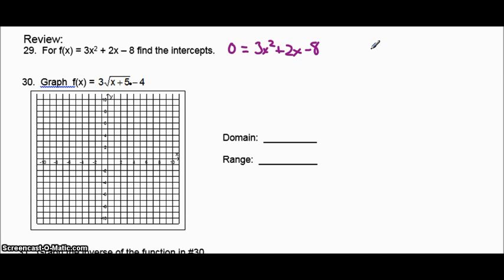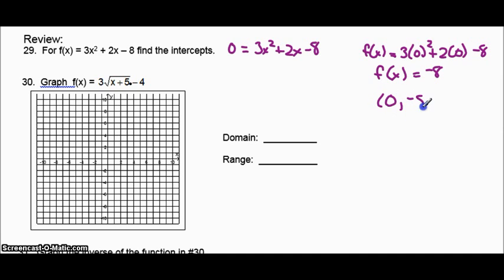Or you can say f of x equals 3 times 0 squared plus 2 times 0 minus 8, which means f of x equals negative 8, and therefore our coordinate would be 0, negative 8. Okay, and that's your y-intercept.